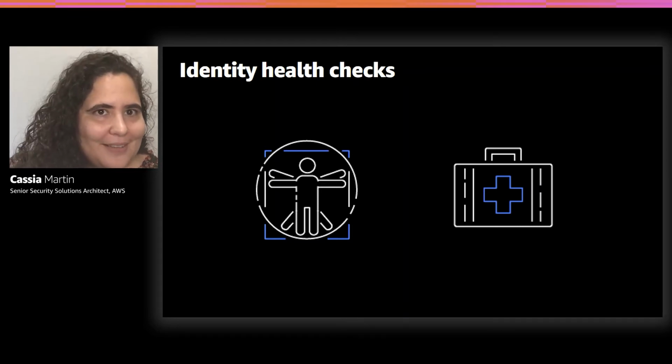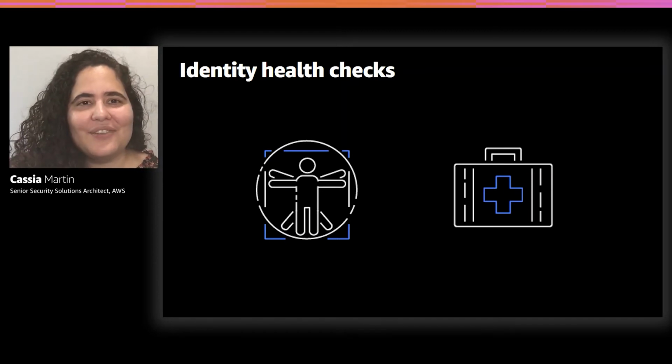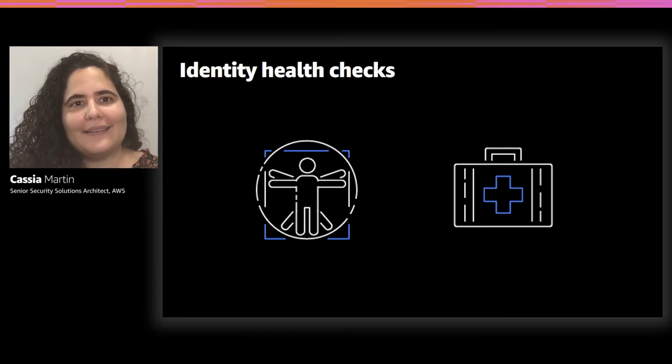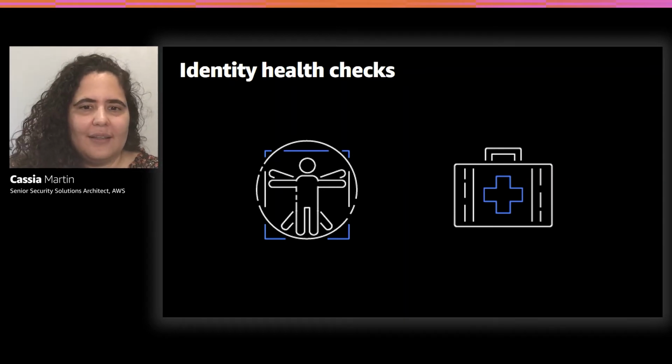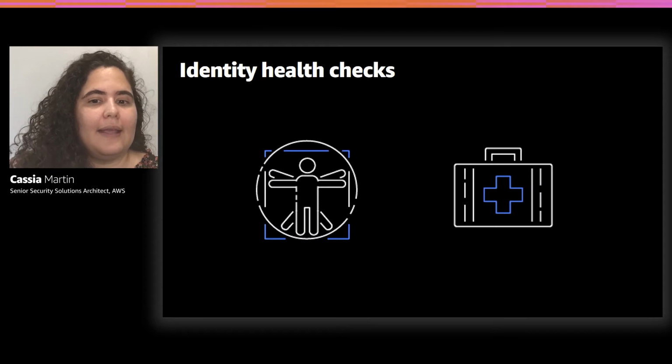If you're using AWS at all, I promise you you're using IAM. All of our services use it as a way to make decisions about how to grant access to all their resources. So with IAM, you can create and manage AWS users and groups and use permissions to allow and deny access to various AWS resources.